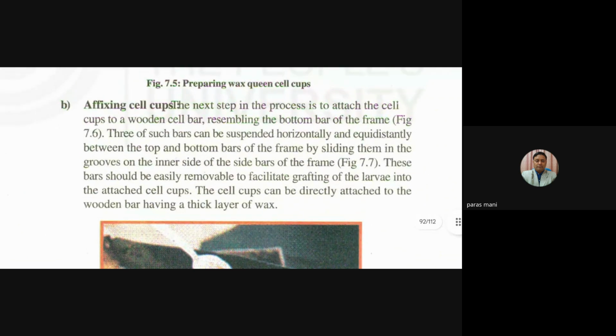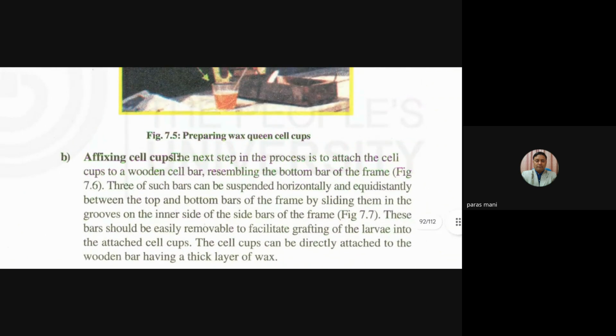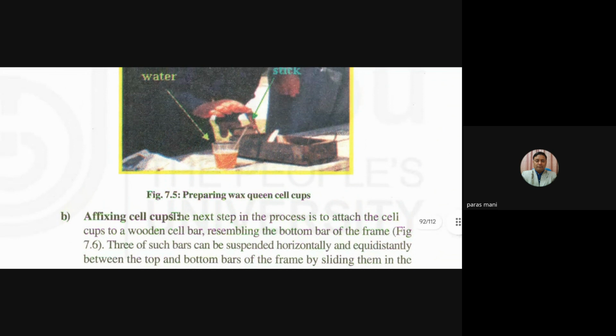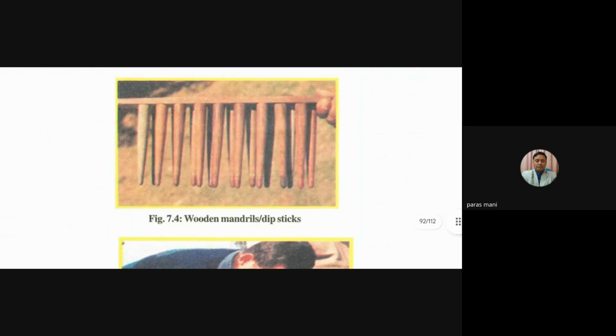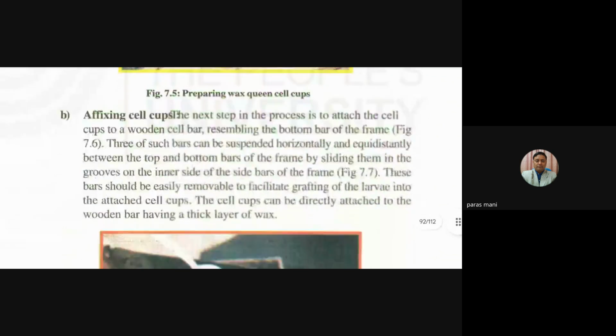On that wooden piece, again with the help of that wax, you can fix these queen cup cells. So finally you will get such a structure. You can see in this picture, in one regular brood frame, so many queen cup cells are formed.